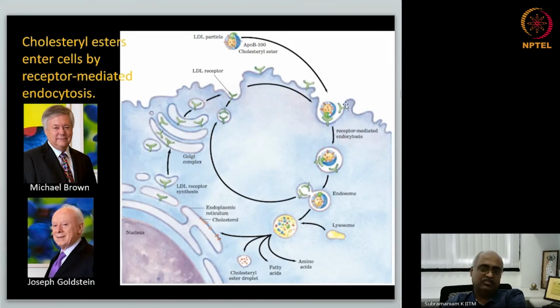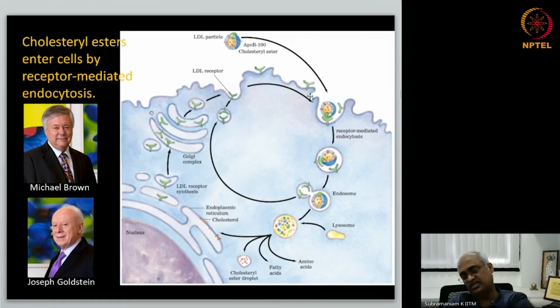to pinching of the membrane in a process called endocytosis, which you probably will learn in a cell biology course if you have a cell biology course. So essentially what happens is when it binds, that induces this process called endocytosis.